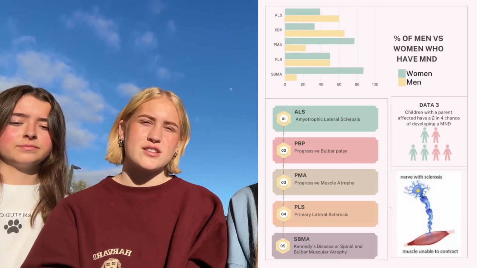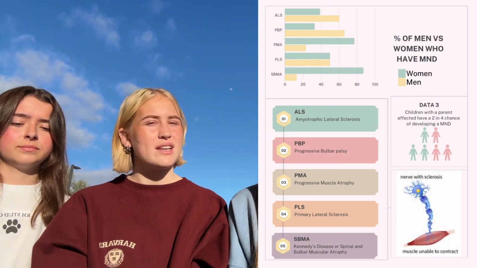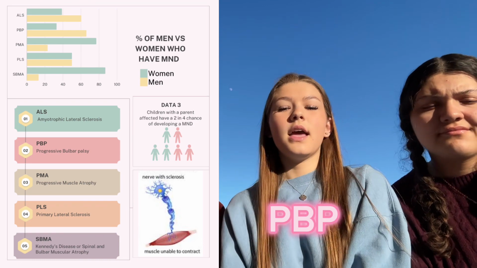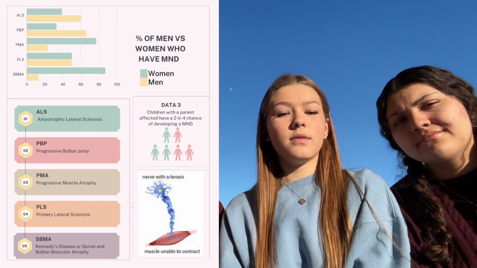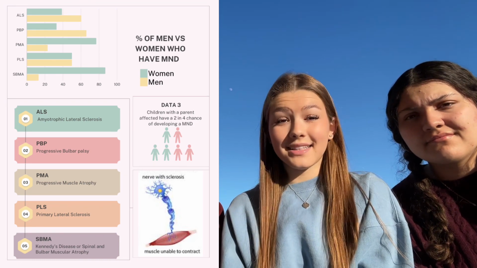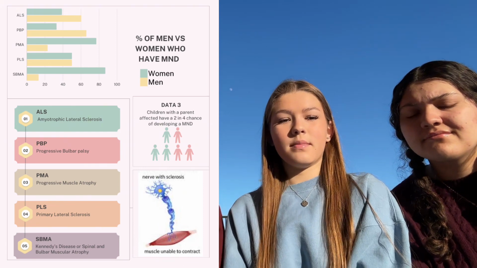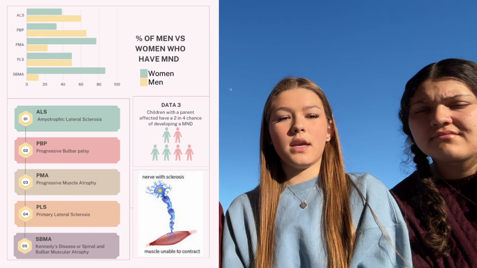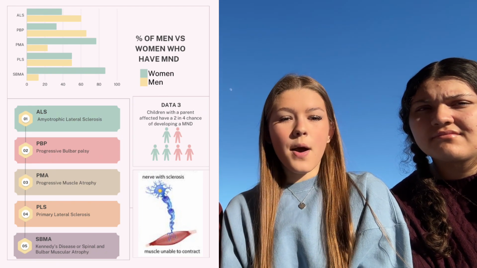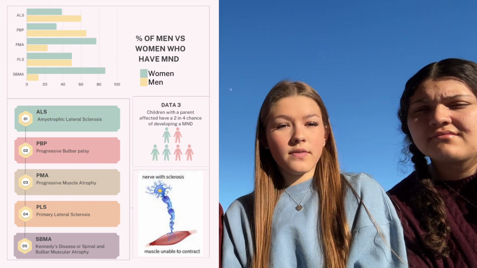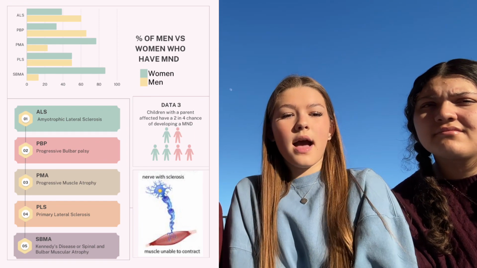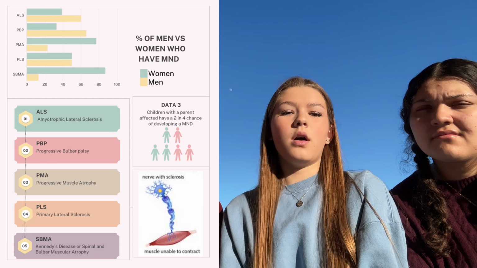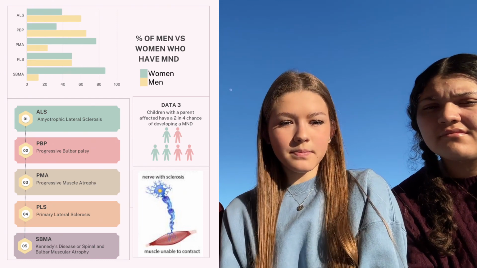Even though motor neuron disease greatly affects the nervous system, there are many types, starting with BPB, progressive bulbar palsy. BPB is a phenotype of MND, and it involves the brainstem containing motor neurons that are needed for swallowing and speaking and chewing. Affected people of this phenotype have unusual outbursts of laughing and crying called emotional lability.